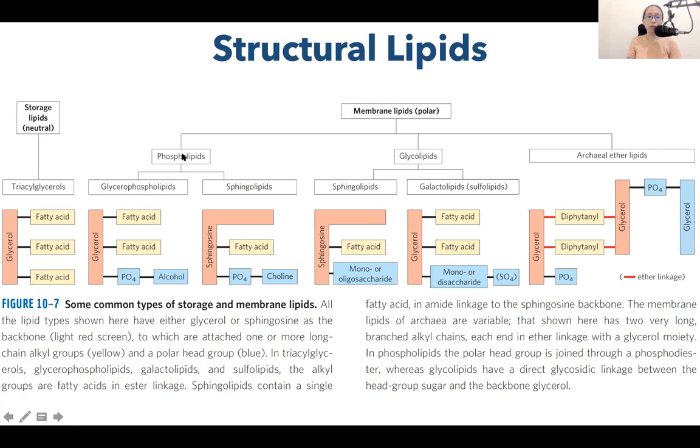So, you have phospholipids, glycolipids, and also some lipids found in archaea. So ang focus natin ay ito. Glycerophospholipids, sphingolipids, and your galactolipids and sulfolipids.